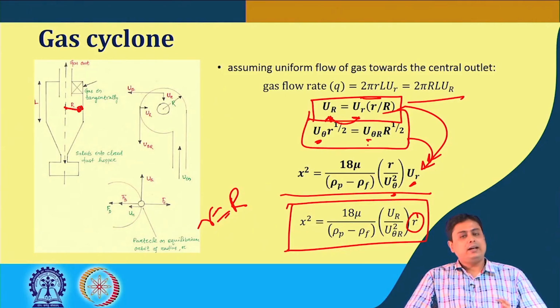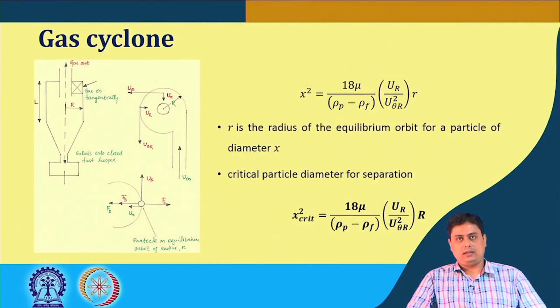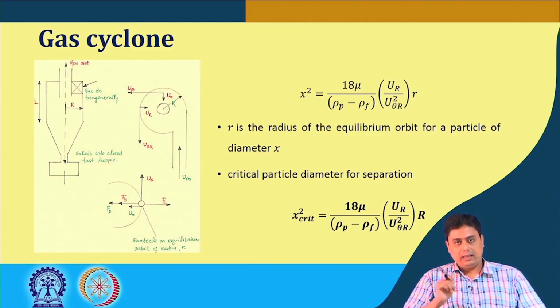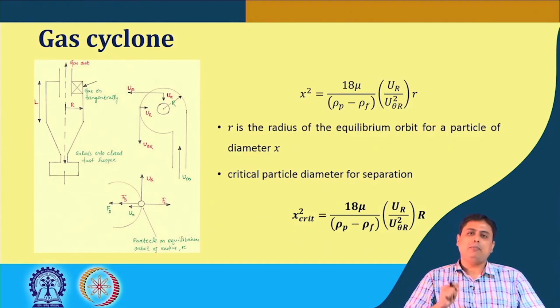So that is the critical x, when the radius of this equilibrium orbit becomes the radius of the vessel. That means it hits the wall, and once it touches, that particle can be collected.